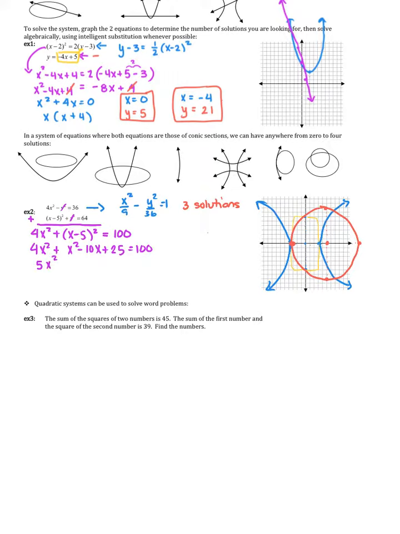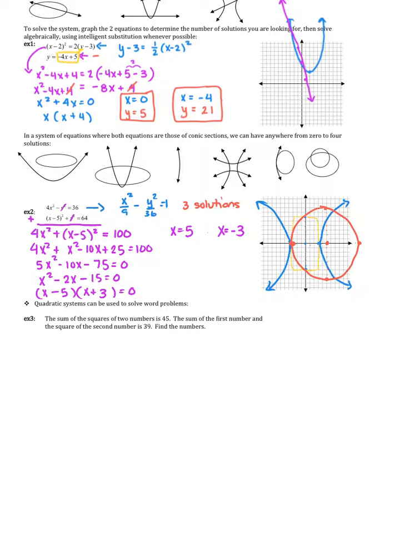So 5x squared minus 10x minus 75 equals 0, and divide everything by 5 gives me 75 divided by 5, 15, and I can factor that. So a 5 and a 3, where the 5 is negative and the 3 is positive. So when x is 5 and when x is negative 3, those are the two solutions that I want.